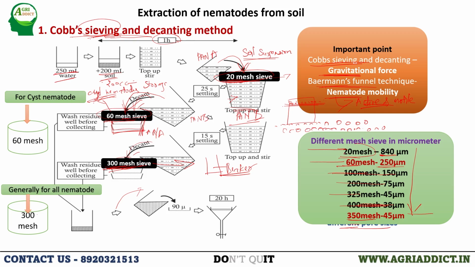That means the mesh is a number, the number of openings present per linear square inch. As it increases from 20 mesh to 350 mesh, of course the size of the pores goes on decreasing. From 20 mesh it is around 840 micrometer, and in the case of 350 mesh it is around 350 micrometer.